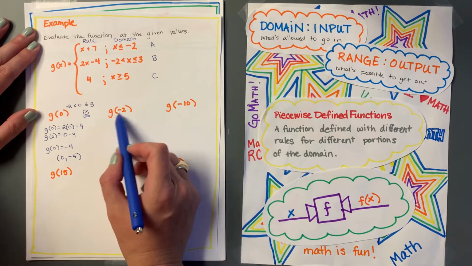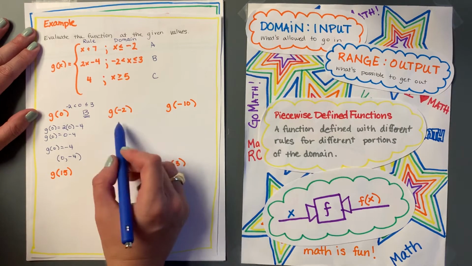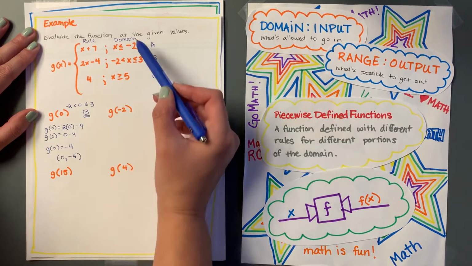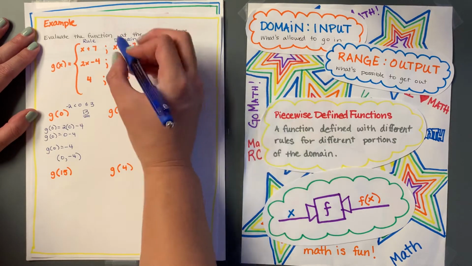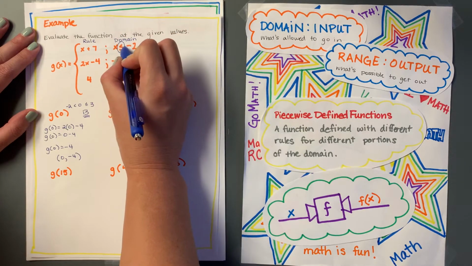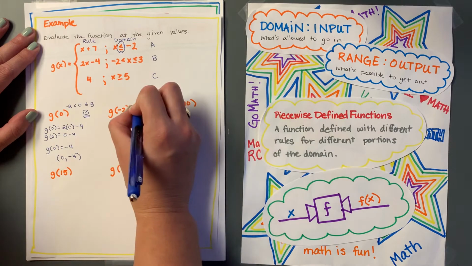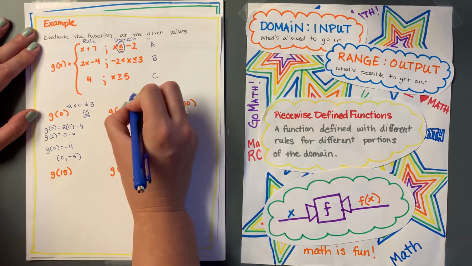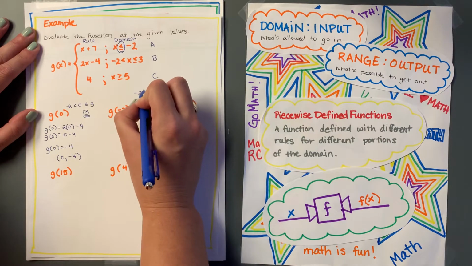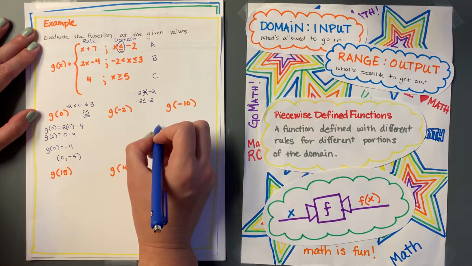Now I'm going to look at g of -2. This one's a little bit trickier because -2 appears in two places. However, you'll notice that this is a less than or equal to. So -2 is less than or equal to -2. -2 is not less than -2.